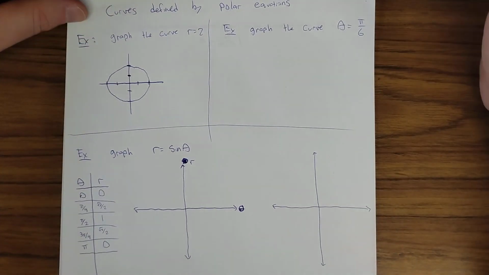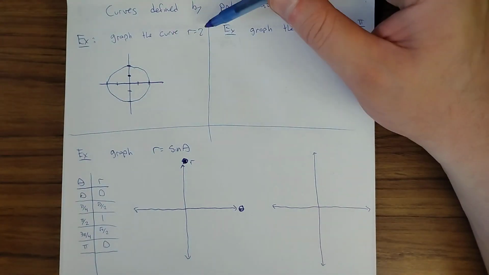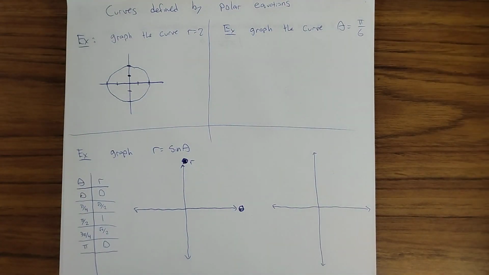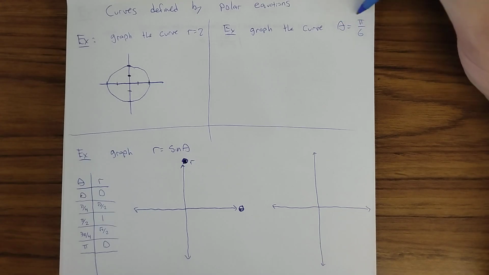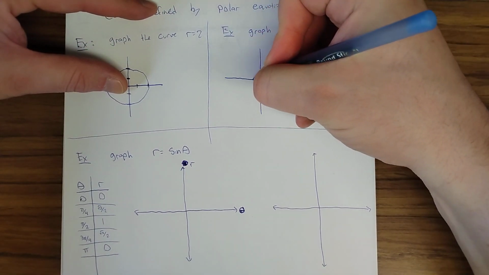Okay, so that's what you do if r is just equal to a constant. It's just a circle whose radius is whatever that number is. What if your equation tells you theta equals a constant? So we have some particular value of theta. Well, we just have to remember what theta is.